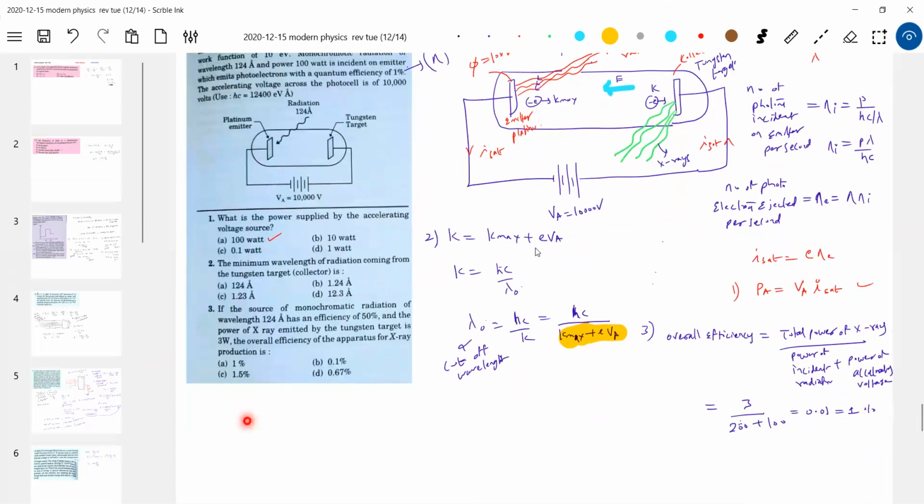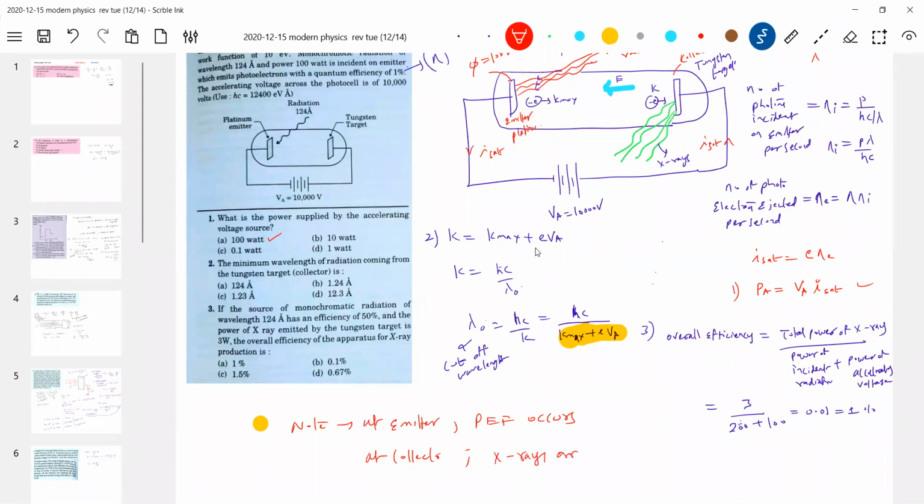I'll write a note: at emitter, photoelectric effect occurs. At collector, X-rays are generated.